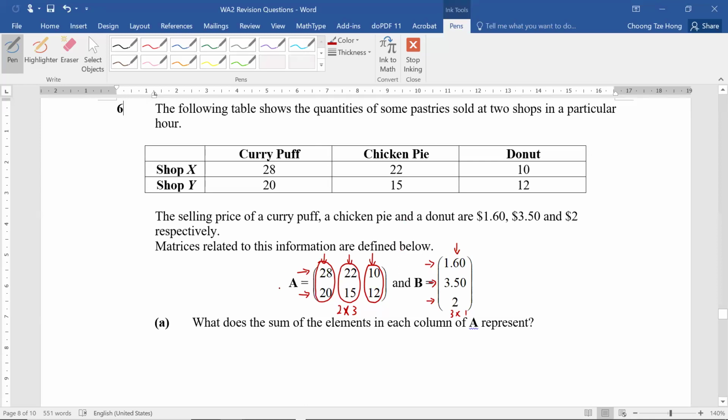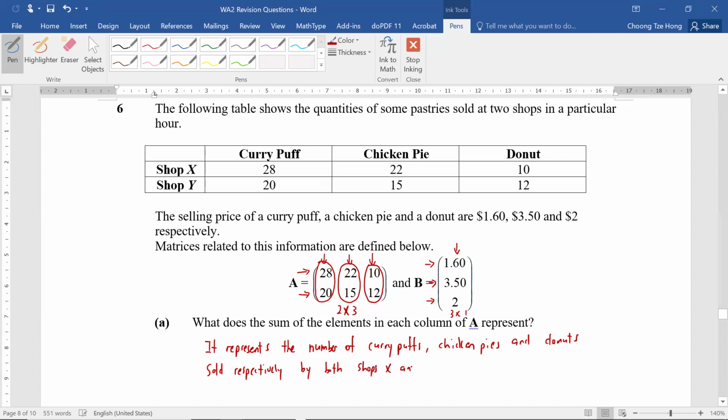So we can write down that it represents the number of curry puffs, chicken pies, and donuts sold respectively by both the shops X and Y in a particular hour.